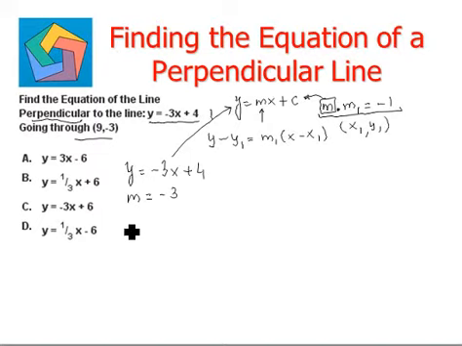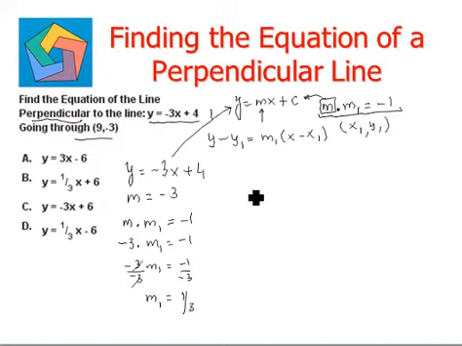Now using the relation m times m1 equals negative 1, m is negative 3, so negative 3 times m1 equals negative 1. From here we calculate by dividing by negative 3 on both sides. So we get m1 equals positive 1/3.